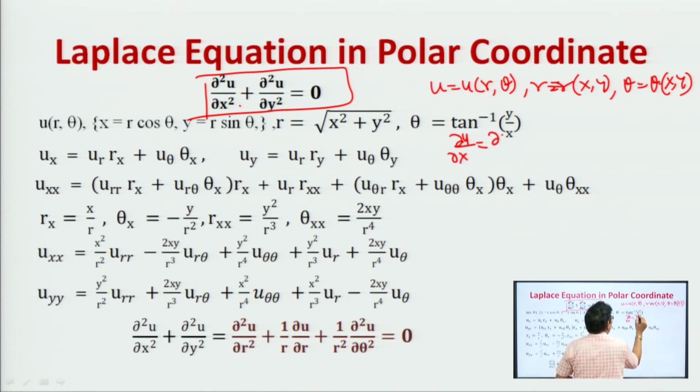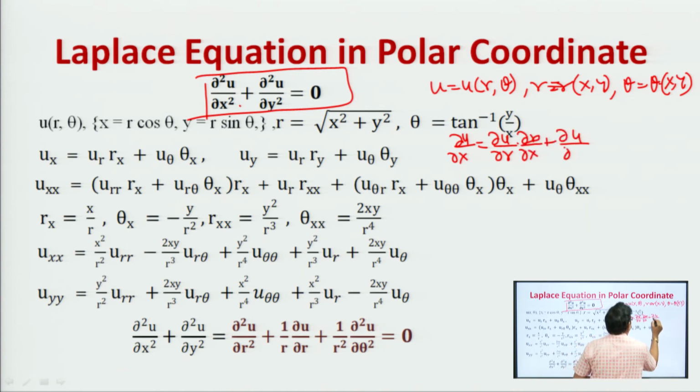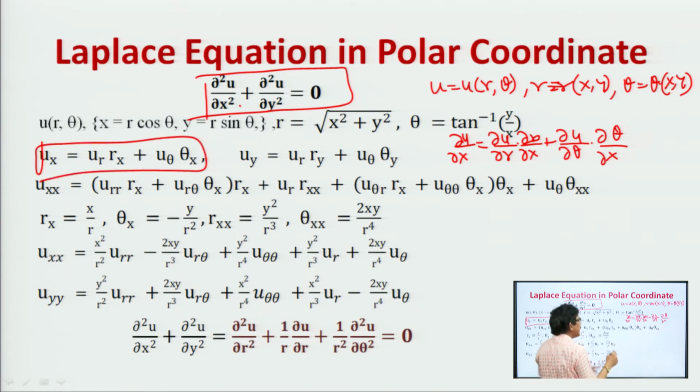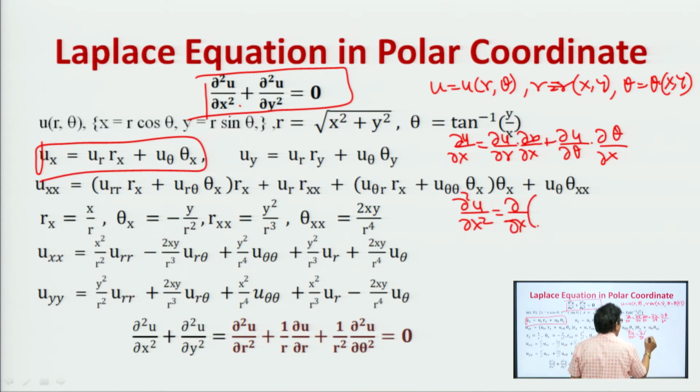That equals del u upon del r into del r upon del x plus del u upon del theta into del theta upon del x. Similarly, we can evaluate del u upon del y, and to evaluate del 2 u upon del x 2, which equals del upon del x of del u upon del x, we need del upon del x.